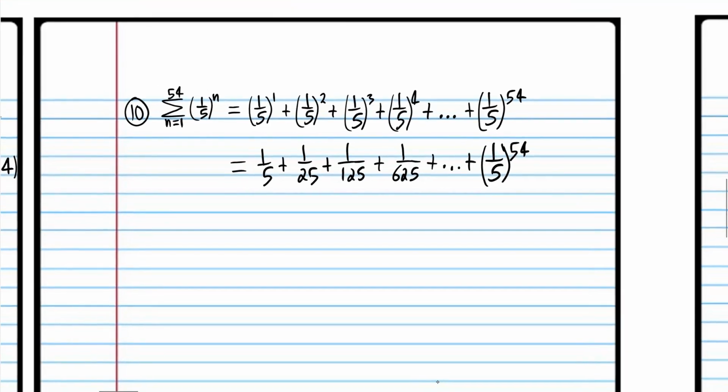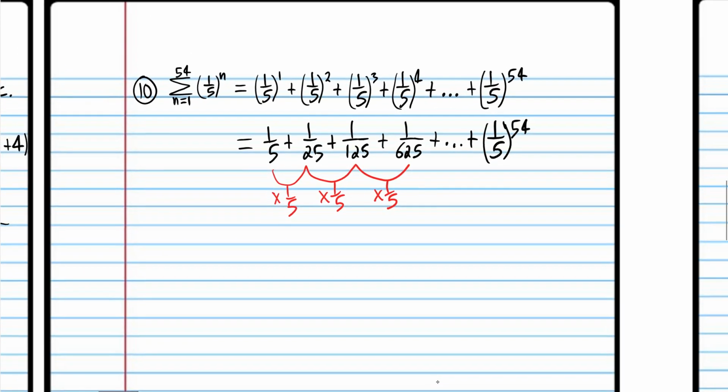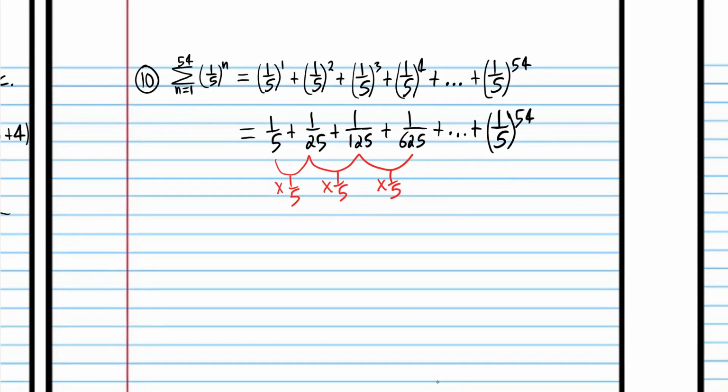So what type of sequence is this? Well, it's just geometric because we're just multiplying by 1/5 each time, times 1/5 times 1/5 times 1/5, and so forth. So we'll write geometric.